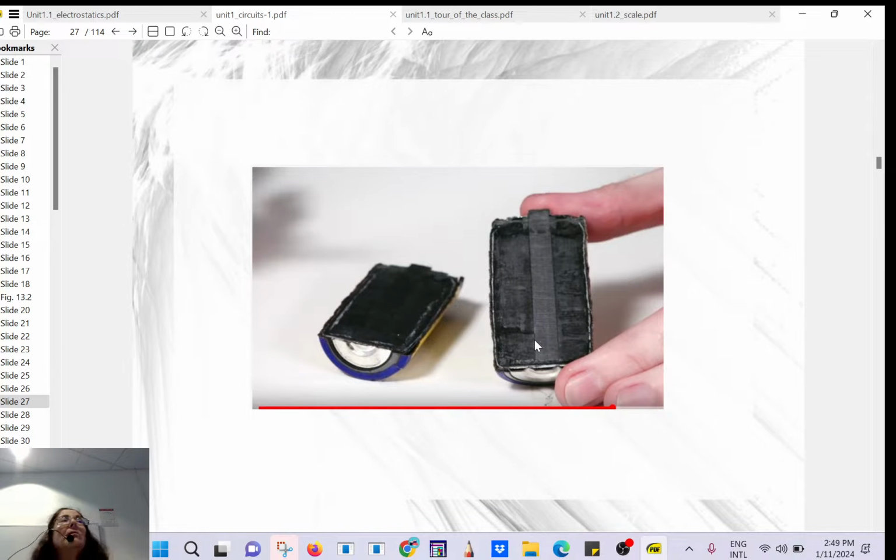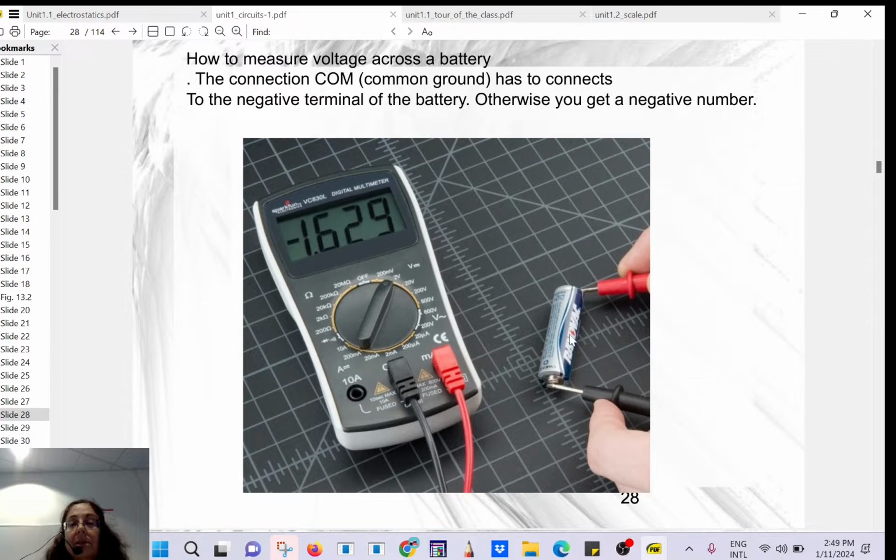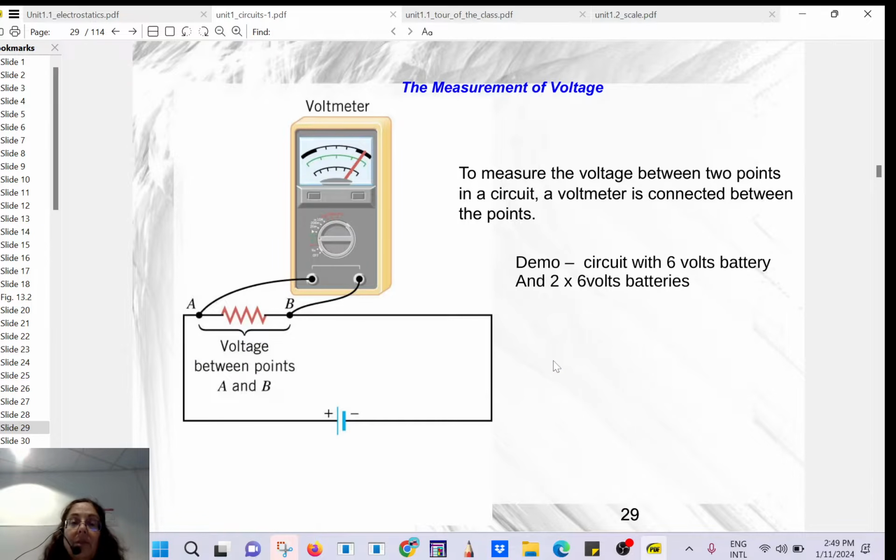You have one electrode made of carbon, for example, one made of copper, and some zinc, I'm not sure, and then you have a chemical reaction inside. We already talked about that. That's how we're going to measure the voltage.